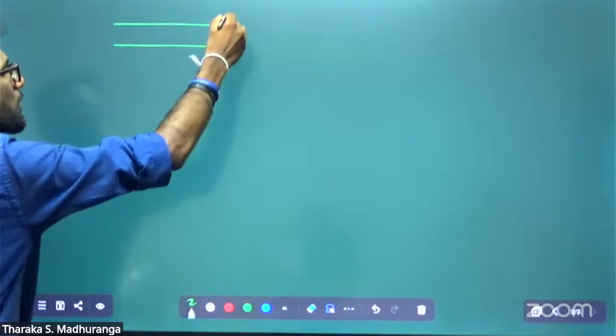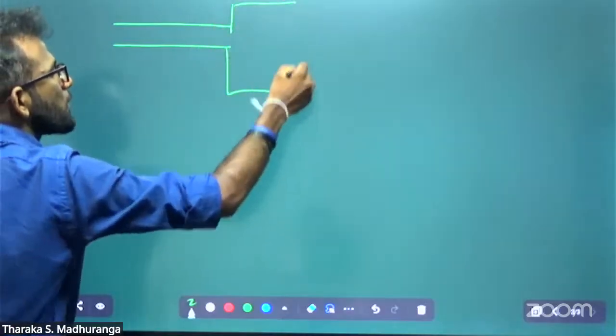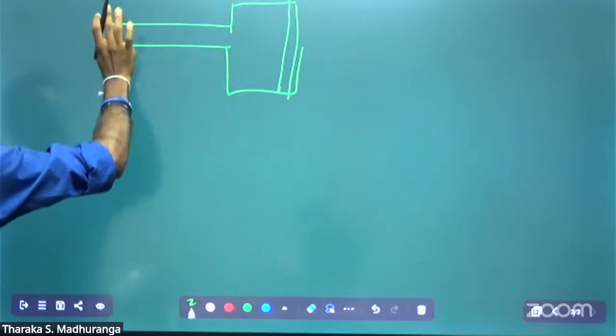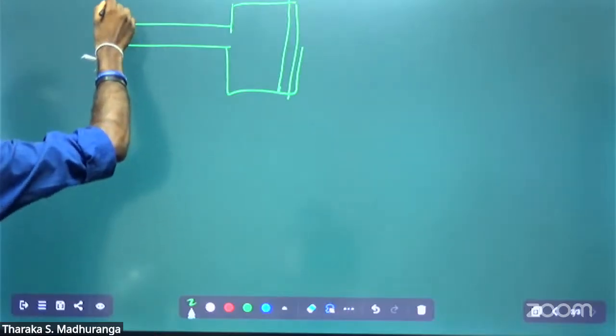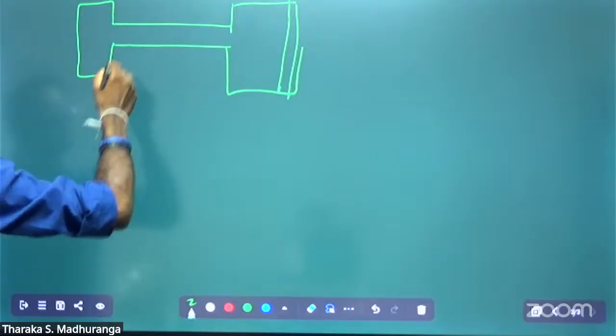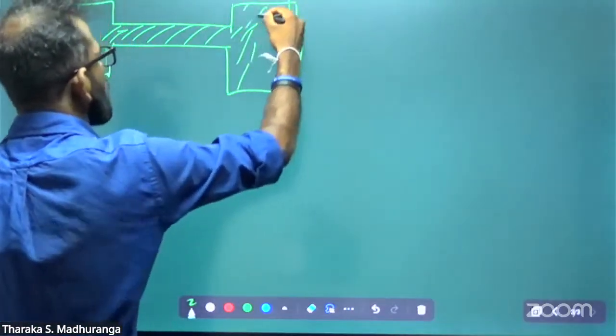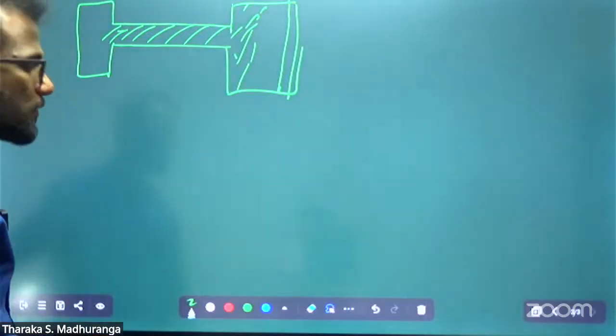Okay, look at this given diagram. Think this is one piston, and this is another, small piston. Think it is fully filled with an incompressible fluid like oil.